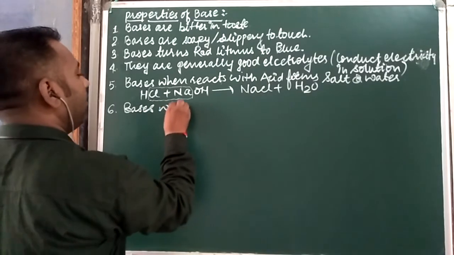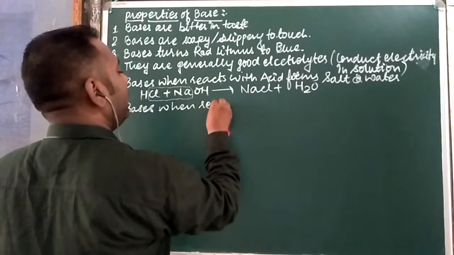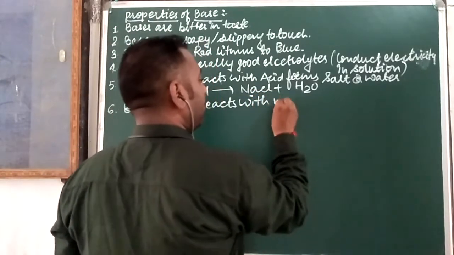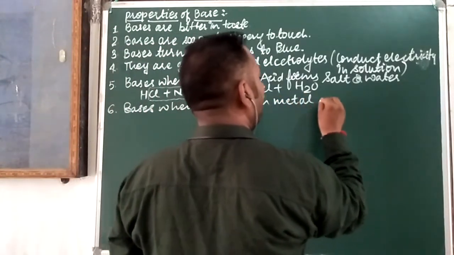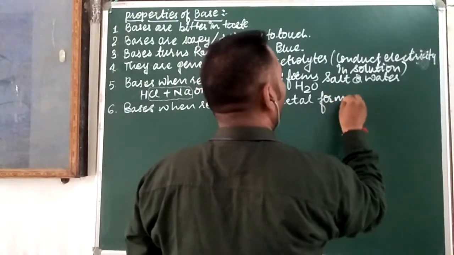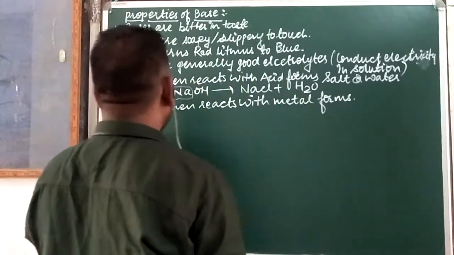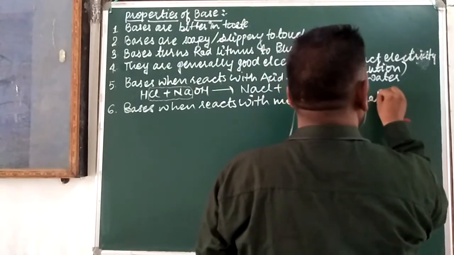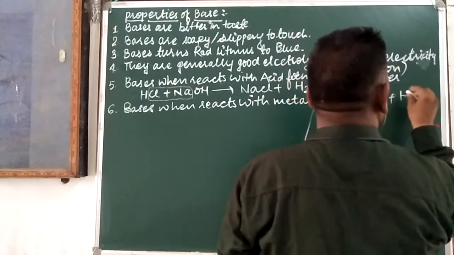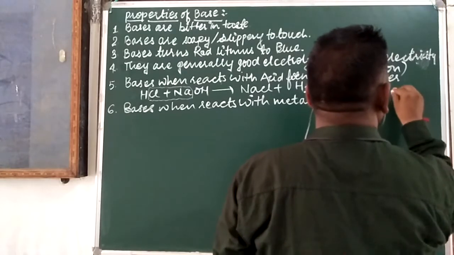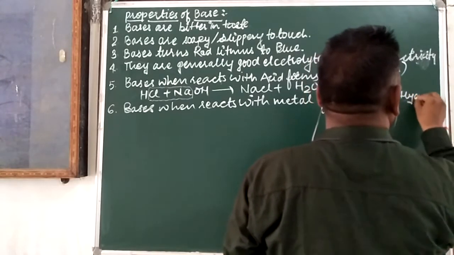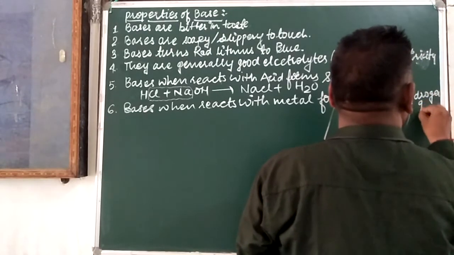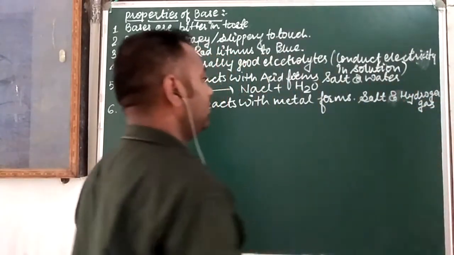When a base reacts with a metal, it forms salt and hydrogen gas.